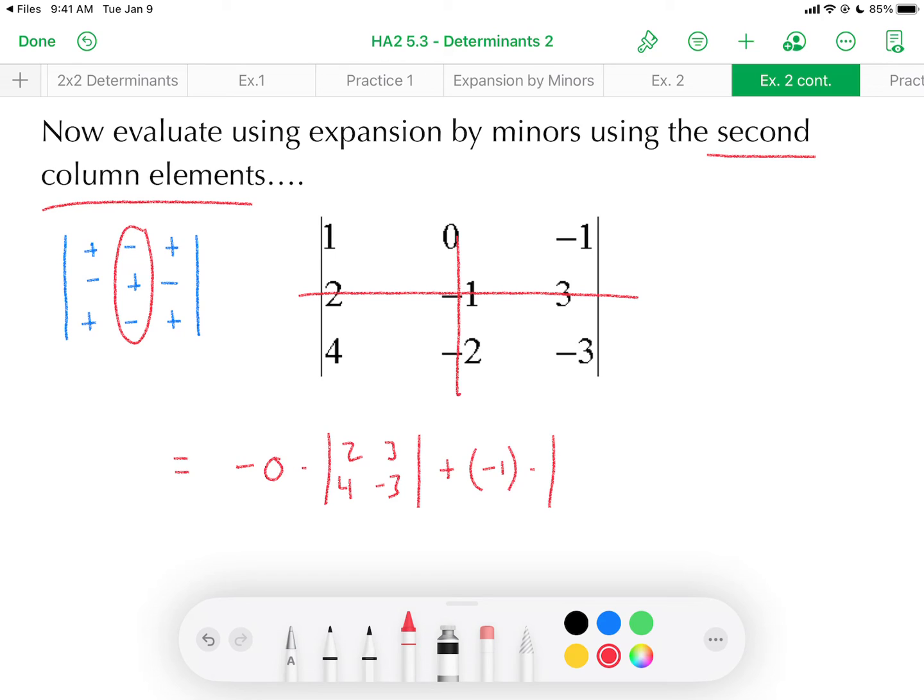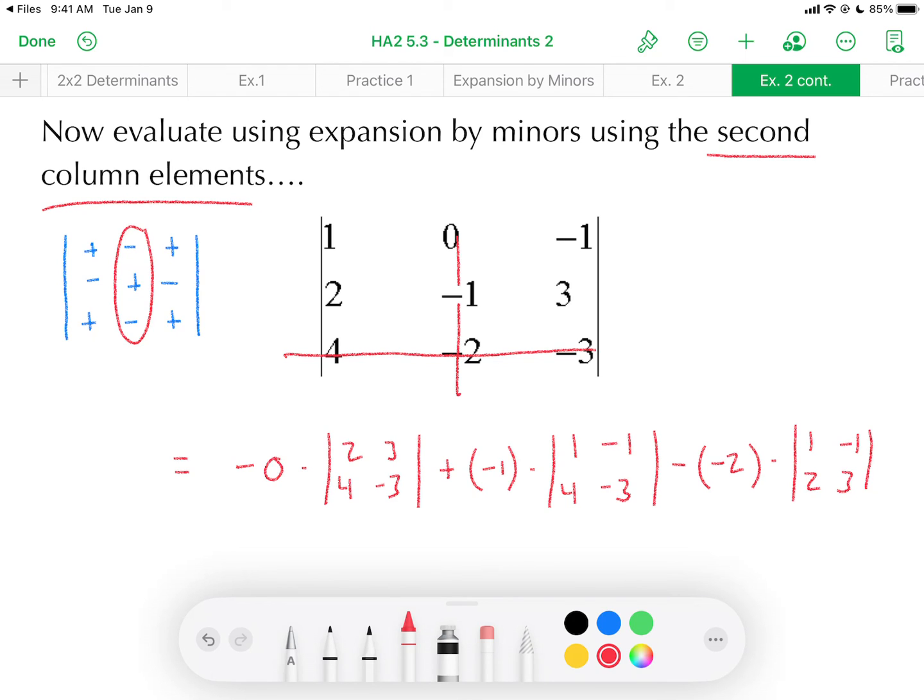And that leaves me with 1, -1, 4, -3. And then what sign would I use next? Minus. And what element? -2 multiplied by its minor. So I get rid of the second column and the third row. That leaves me with 1, -1, 2, 3.